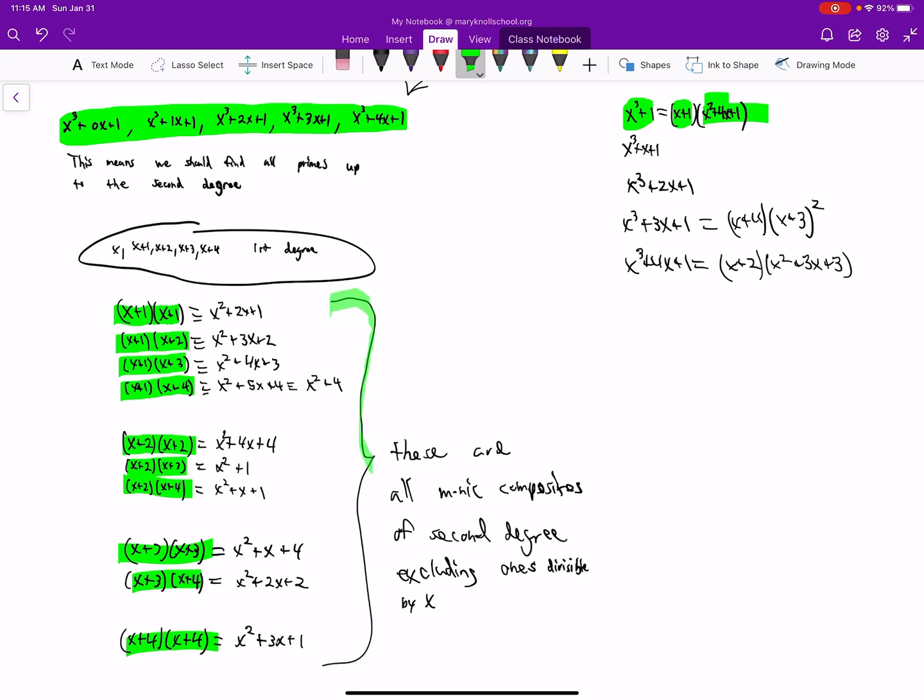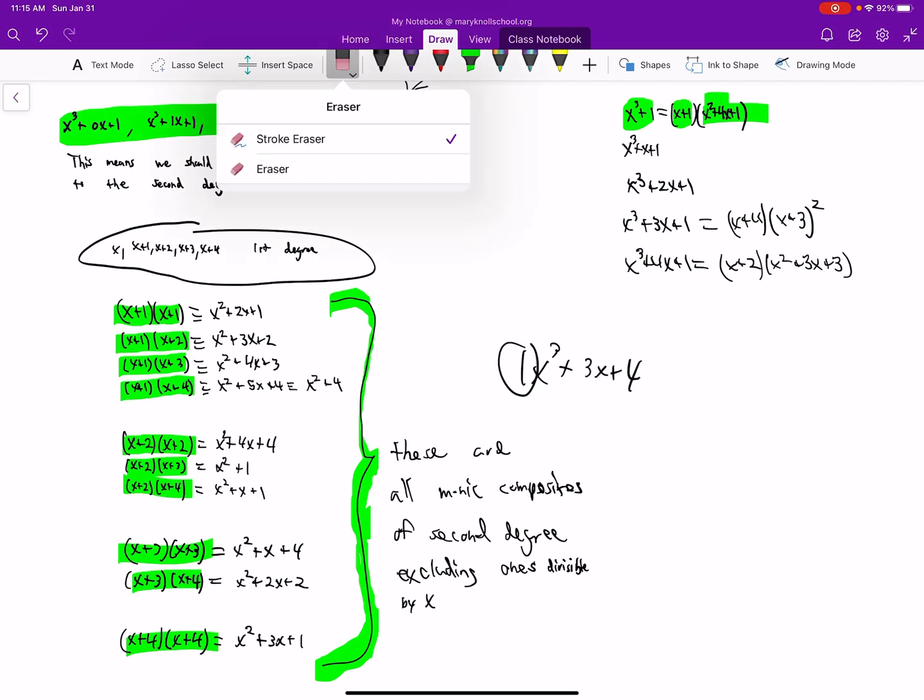So if it's not in this list, then it should be prime, as long as it's monic, meaning it has a 1 in front of the leading term. So it's 1x cubed plus 3x plus 4. It's monic because right there, that's a 1.